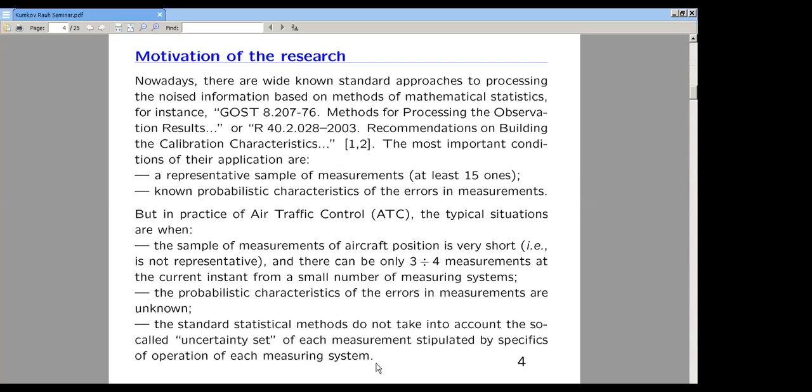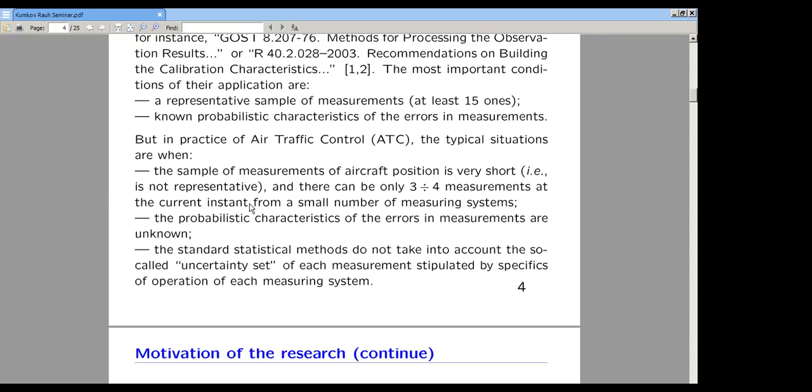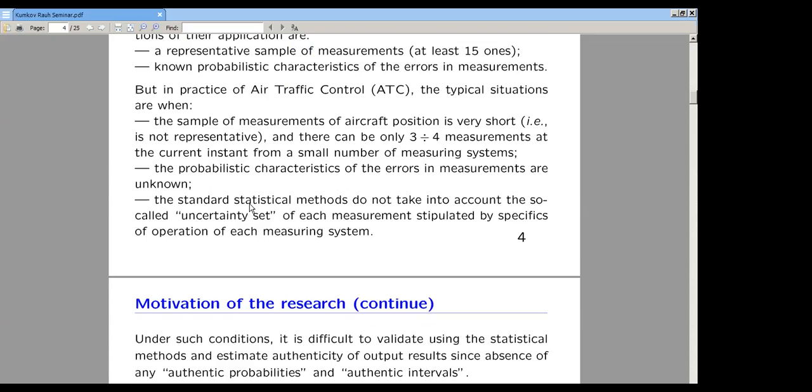The motivation of this research is that the standard documents, very strict and official documents, GOST, the state standard, and the state recommendations, demand that processing be validated on a representative sample of measurements, at least 15, and known probabilistic characteristics of the measurement errors.